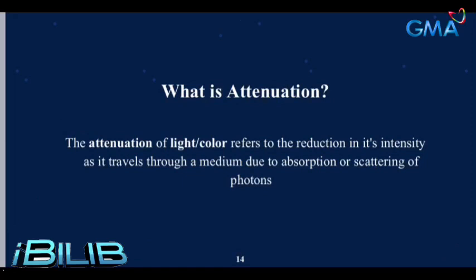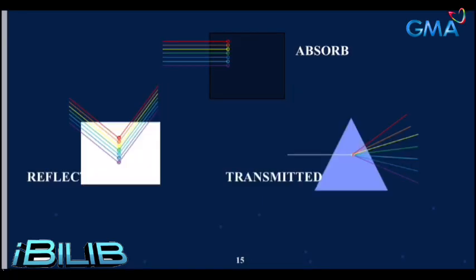Let's go to color attenuation. What is attenuation? The attenuation of light or color refers to the reduction in its intensity as it travels through a medium due to absorption or scattering of photons. As we have discussed earlier, objects appear in a particular color because of the spectrum with different colors, which is either absorbed or reflected by the object.